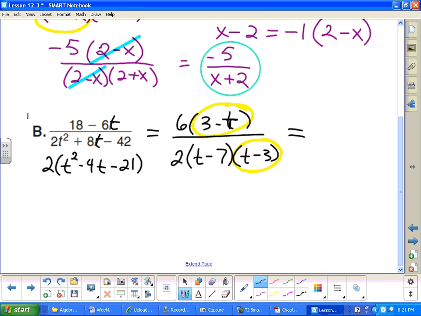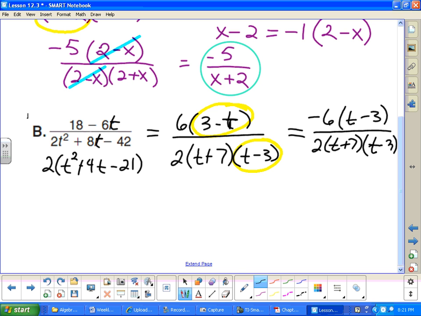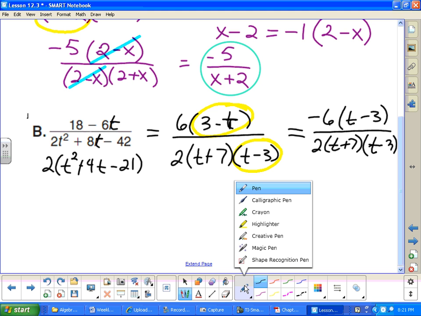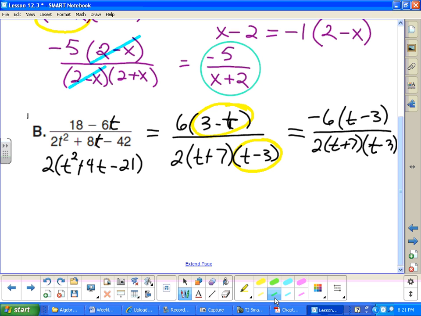And so if in the numerator then, I choose to factor out the negative, so it becomes negative 6 times t minus 3 over 2 times t minus 7. Let me find my mistakes here. It should be t plus 7 and t minus 3. All right, so now I can cancel out the t minus 3's, have 1 in both of those places.